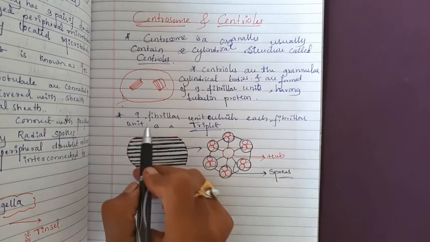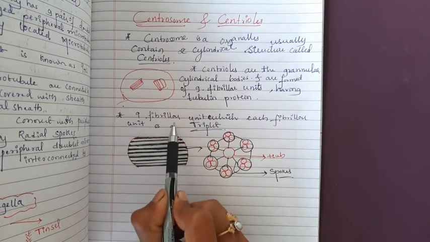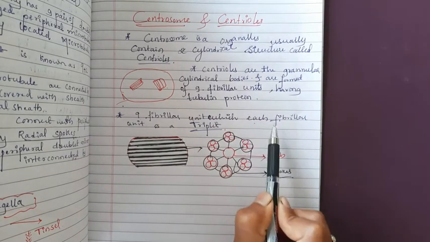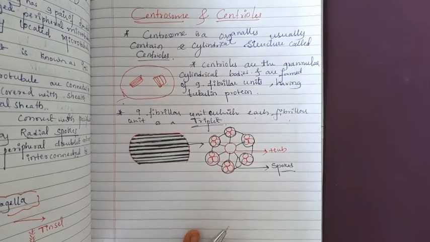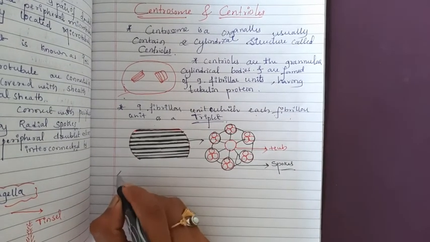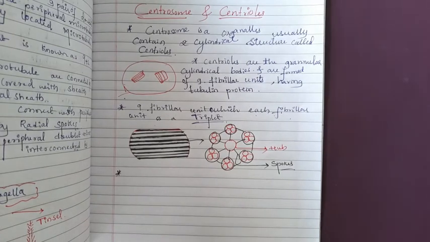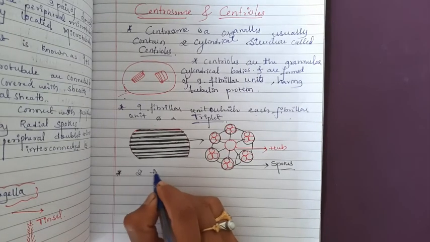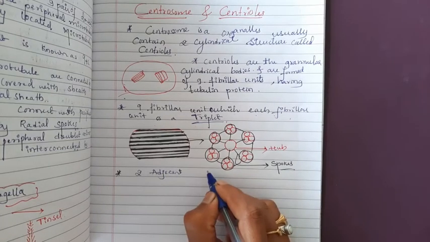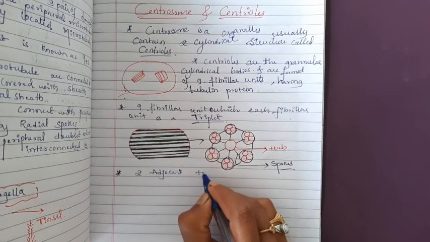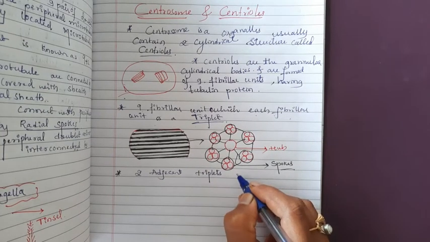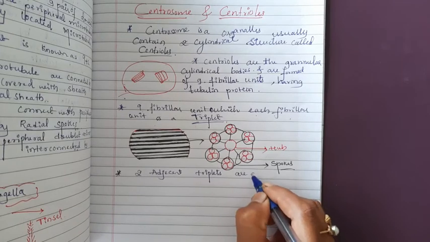Okay, I explained that there are 9 fibrillar units, and each fibrillar unit is a triplet. Then two adjacent triplets are also linked.